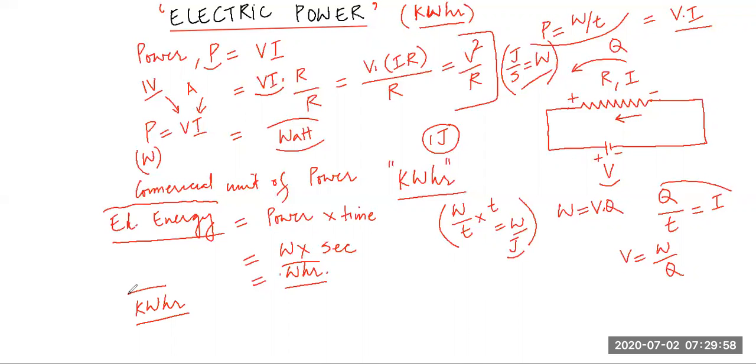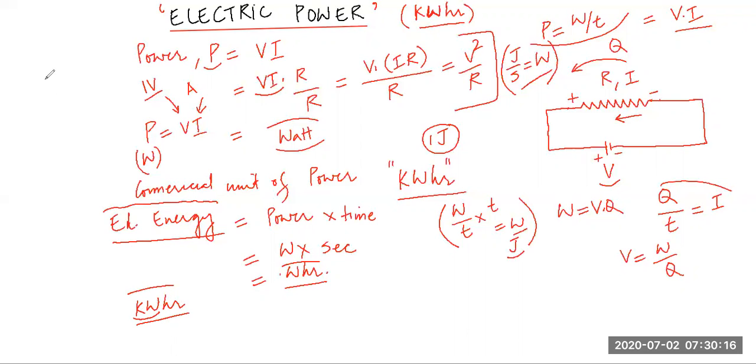Now, again think, students, will it be right to say that kilowatt hour is power or electrical energy? No, this is the power, kilowatt. Power is being divided by time, multiplied by time. So this is electrical energy.